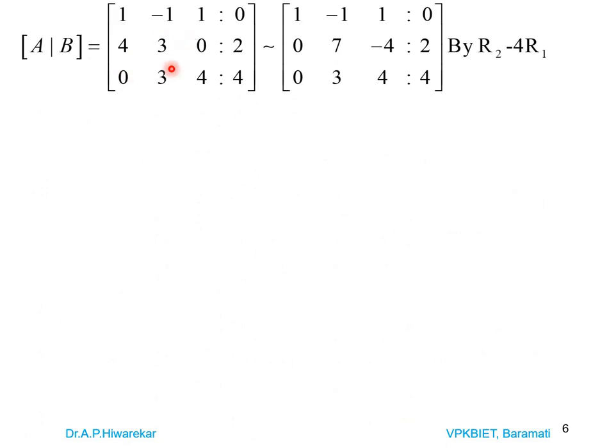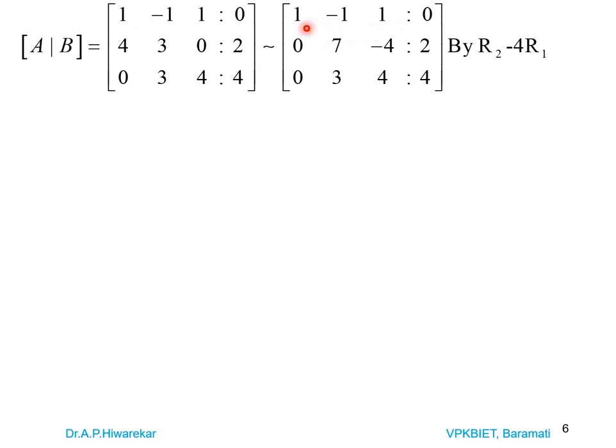So we write the augmented matrix here as it is. Then we need to make this position 0. For that we perform the operation R2 minus 4R1. We are trying to reduce this matrix to its echelon form, which means making every entry below the diagonal 0. So we have to make this entry 0 as well as this entry 0. For that we perform R2 minus 4R1.